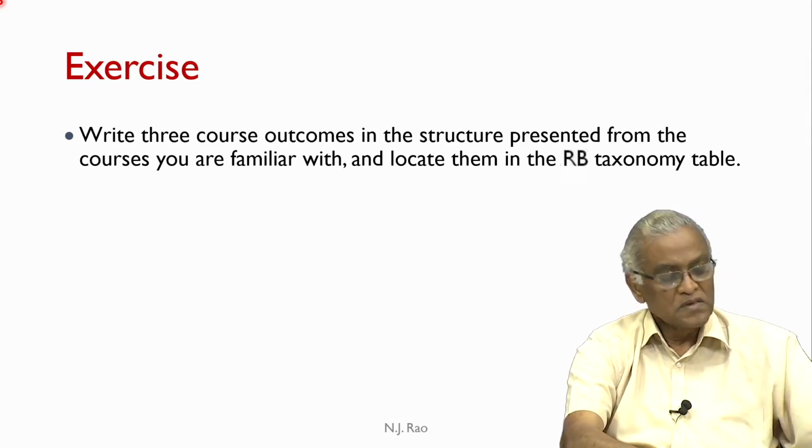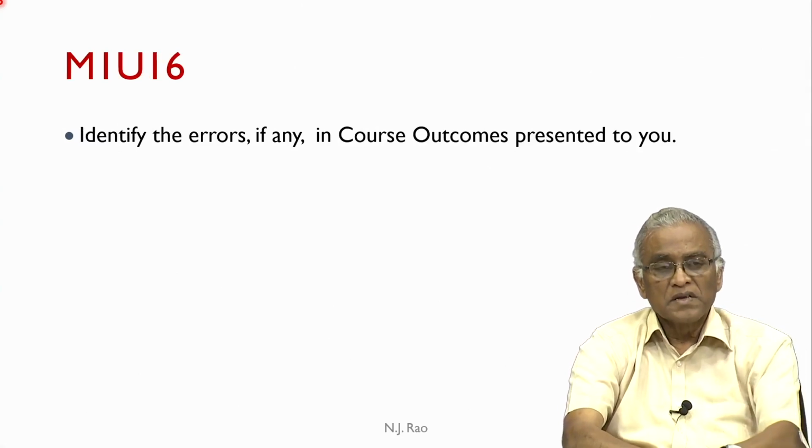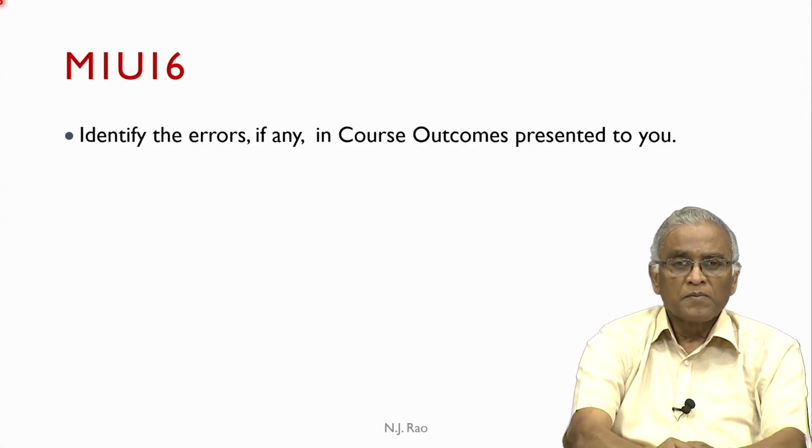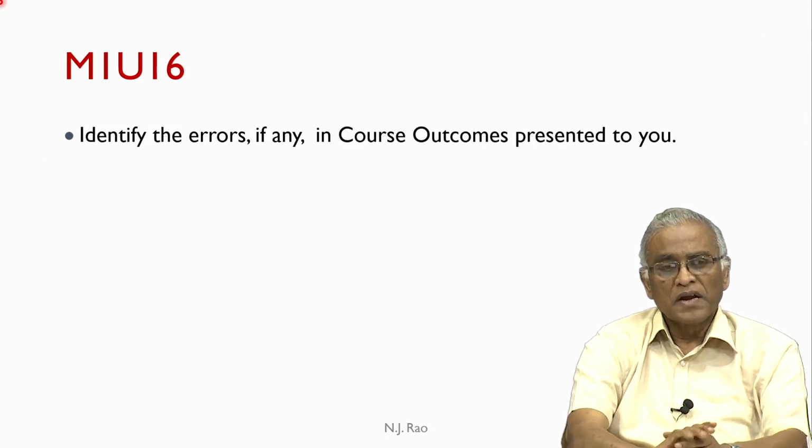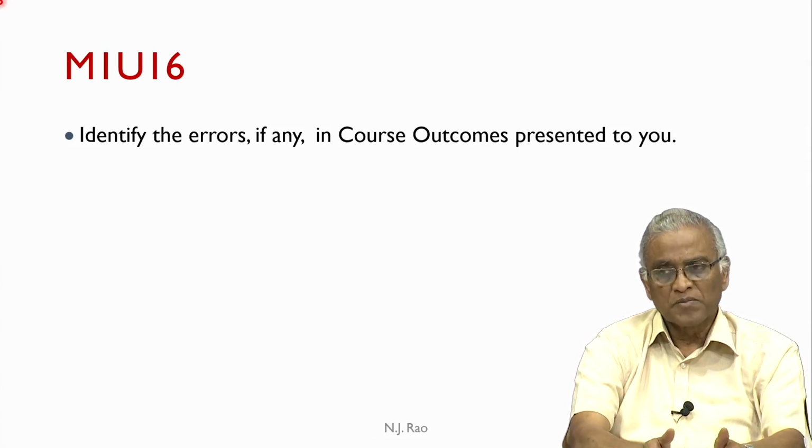In the next unit, there are many other conditions to be followed when you write a good course outcome, and we will show some sample course outcomes and ask you to find out what the errors are in writing those course outcome statements.